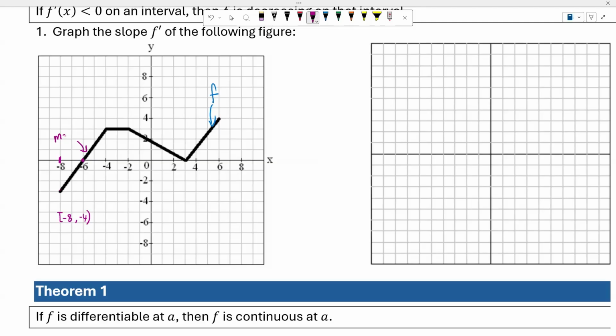You will see that the slope changes from this point to this point. It goes up by 1, 2, 3, 4, 5, and 6, so the change in the y direction is 6 units.